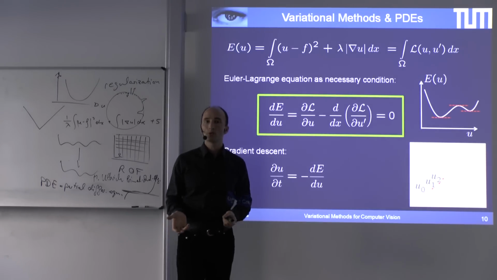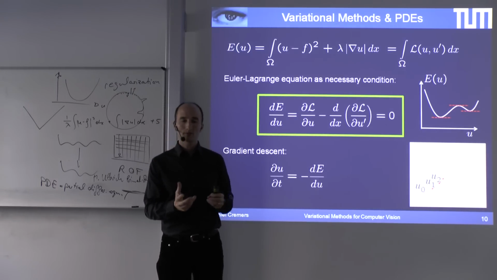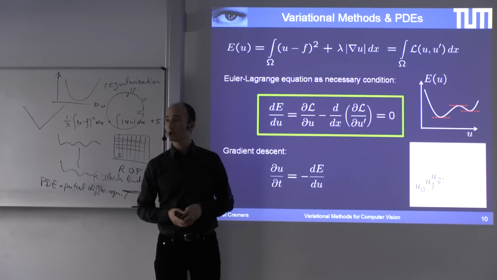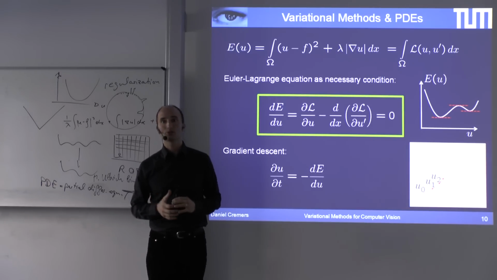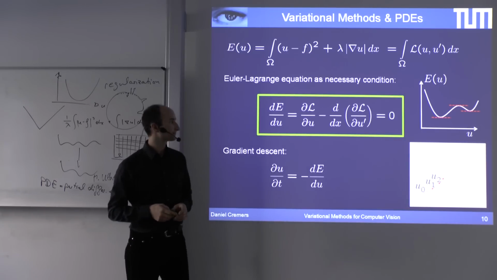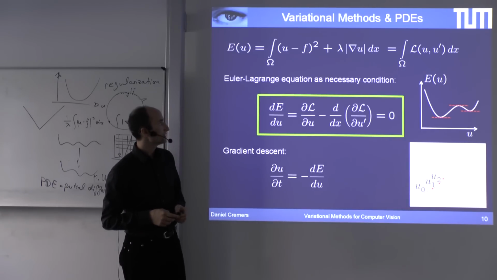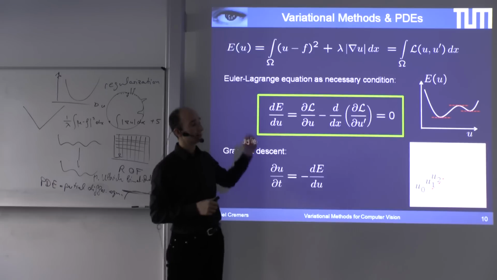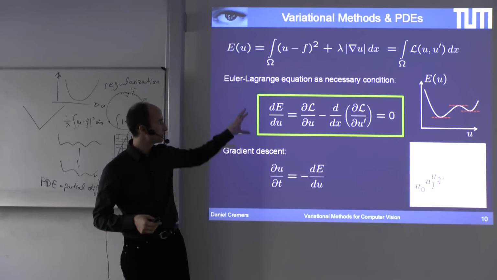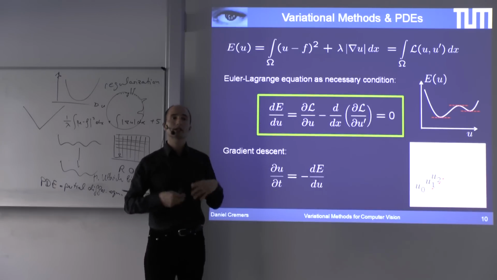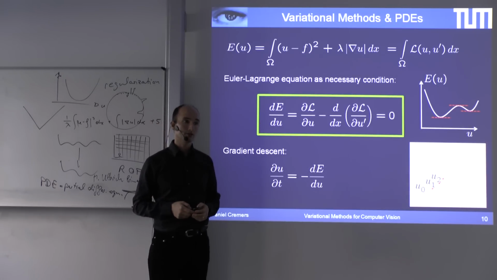Because what I want is at least in terms of the data term, is something that is close to the input image. And so starting with that input is usually a good idea. So these are some of the key elements in variational techniques, and we will, as I said, learn more about how to derive these expressions, how to implement these during the class.